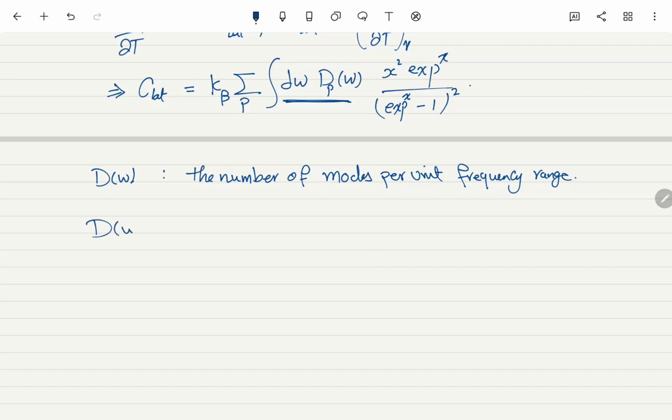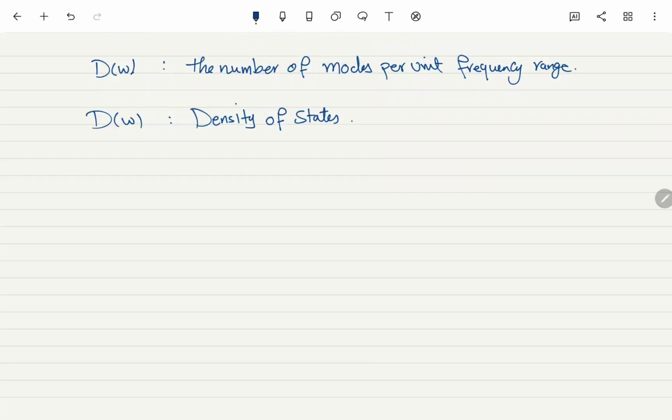So the g(ω) here is defined as density of states. Again, the main problem here is to find this density of states. Now, in order to understand this density of states, let's start with density of states in one dimension.